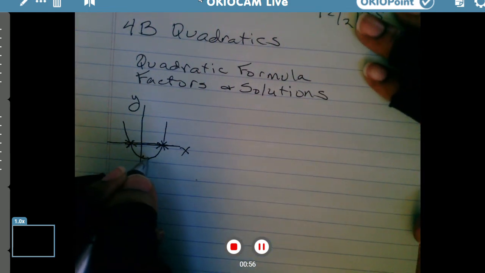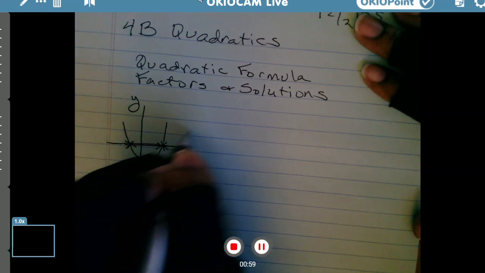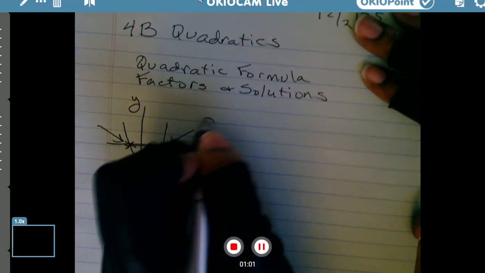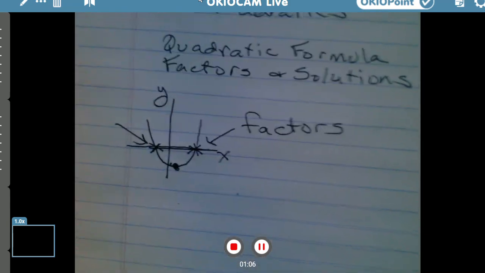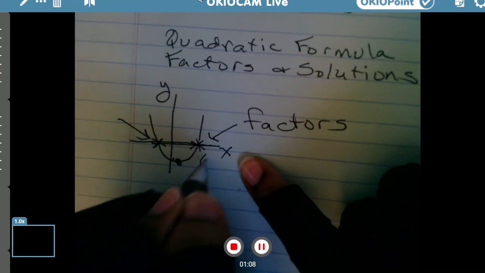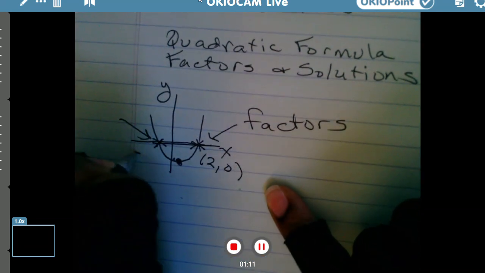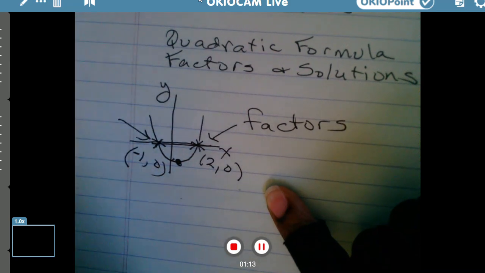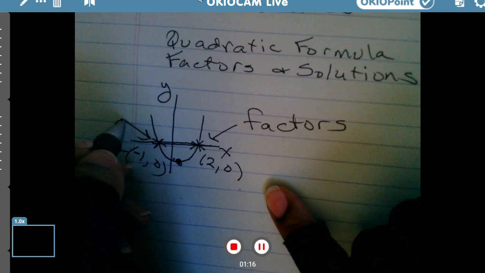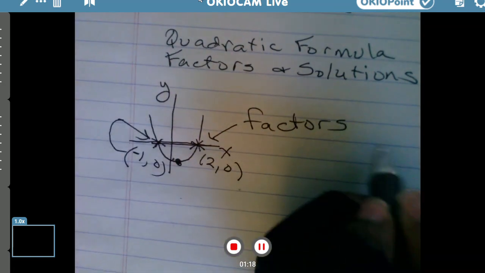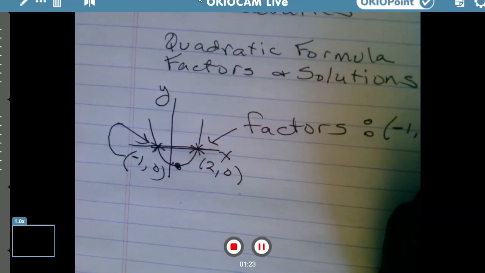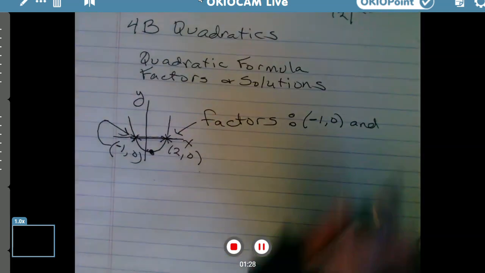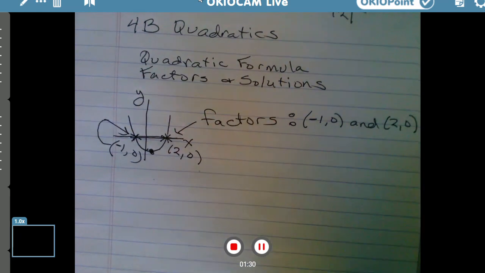Alright, so where the quadratic crosses the x-axis are the factors. So if it is crossing at (2, 0) and (-1, 0), if these are the factors, the factors are at (-1, 0) and (2, 0).